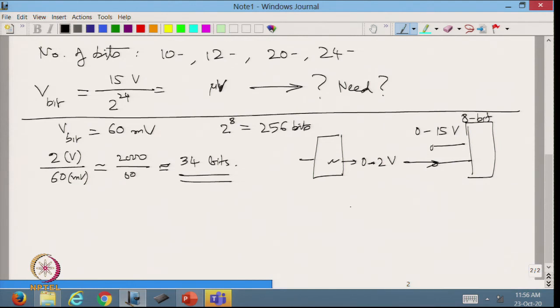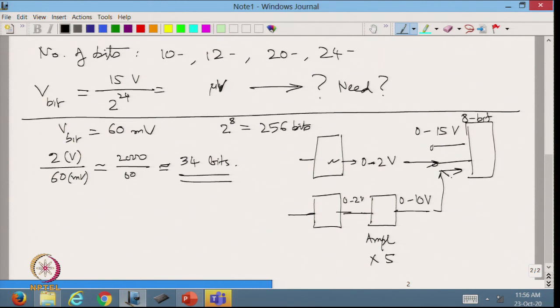So, what could we do? We could say, well, yes, my instrument is still giving 0 to 2 volts, but now I will multiply it and amplify it by a factor of 5. So, the output signal is now 0 to 10 volts, and this now goes into the A to D converter.